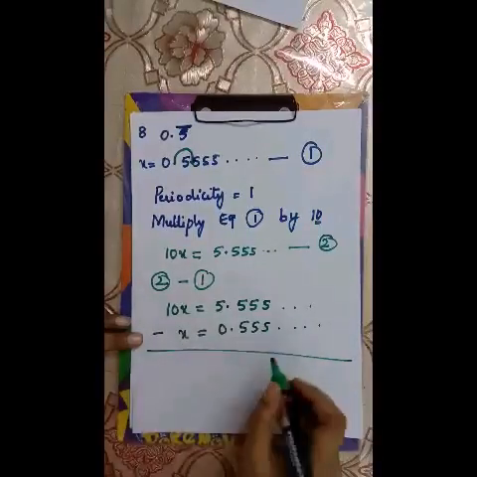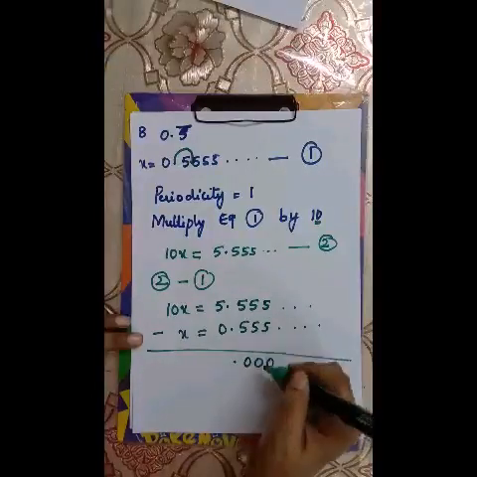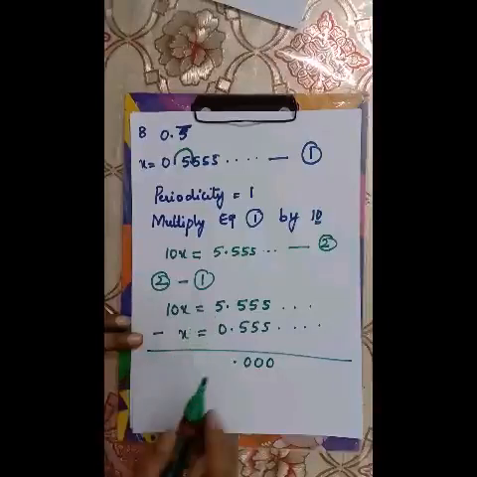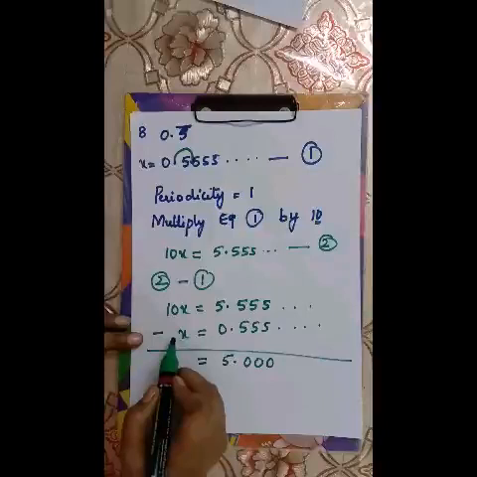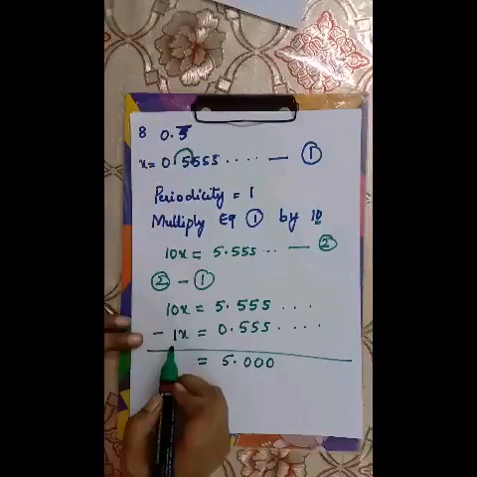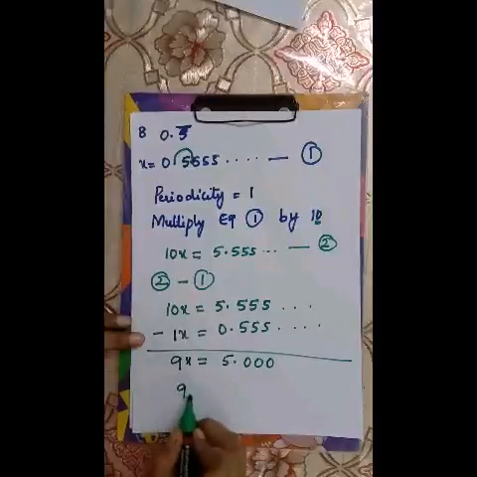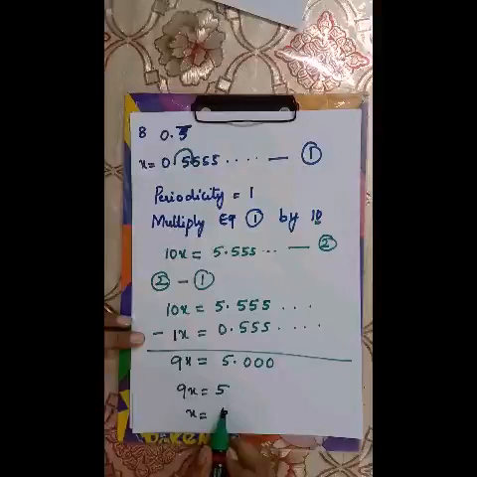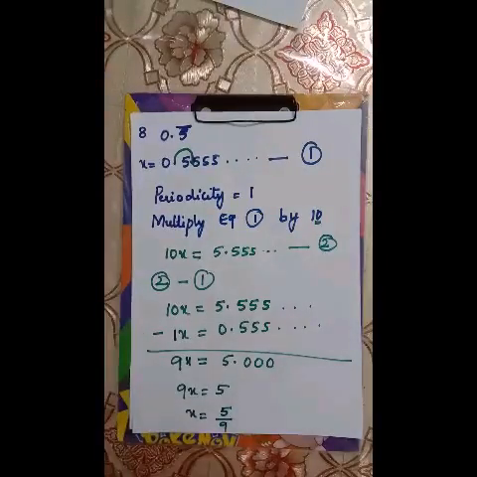Now subtract: 0 minus 0, 5 minus 5 is 0, 5 minus 5 is 0, 5 minus 5 is 0, 5 minus 0 is 5, is equals to 10x minus 1x. Nothing remains here, so that is 1. 10x minus 1x is nothing but 9x. So 9x is equals to 5. X is equals to 5 by 9.